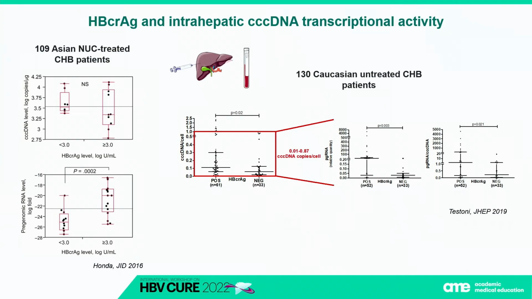And we had the same results in a Caucasian cohort of untreated patients. So patients having the same amount of cccDNA but being negative for correlated antigen had less RNA in the liver and less cccDNA transcriptional activity, independently of E antigen status.